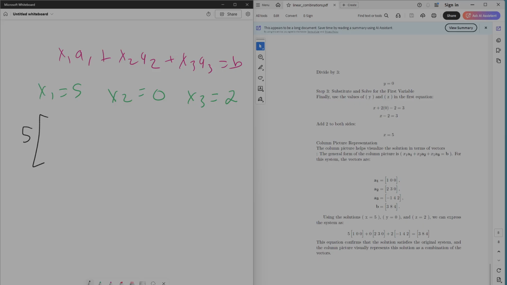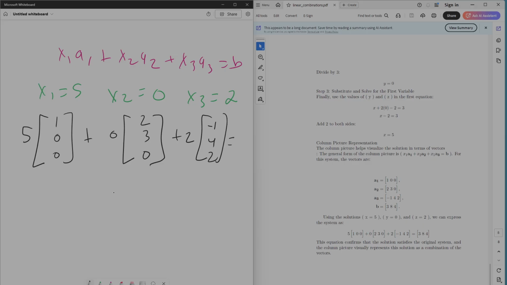As you can see on the screen, we can write it as column vectors: 5 times the vector (1, 0, 0), plus 0 times the vector (2, 3, 0), plus 2 times the vector (-1, 4, 2), and that's going to be equal to our b vector, which is (3, 8, 4). We call it the response vector.